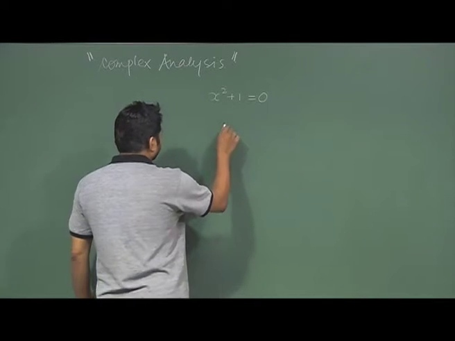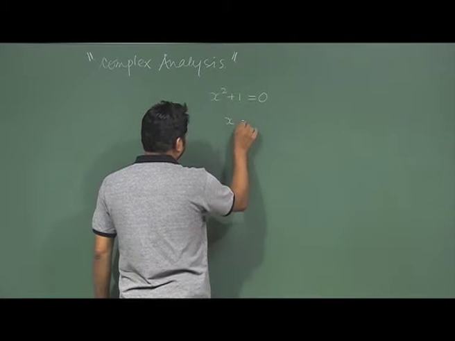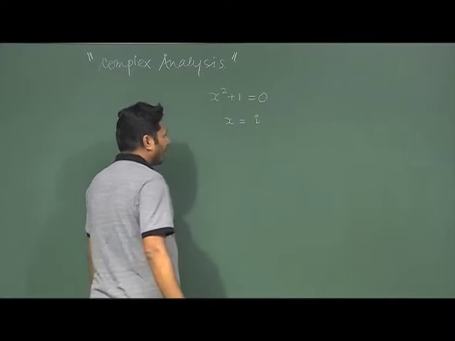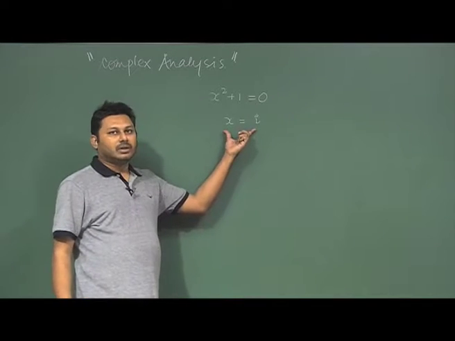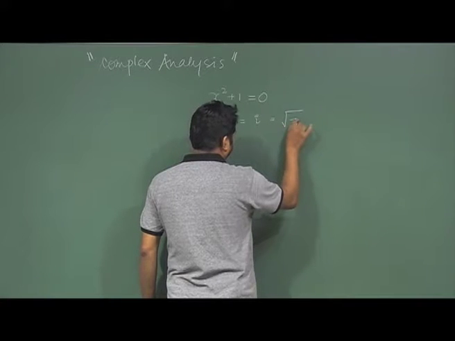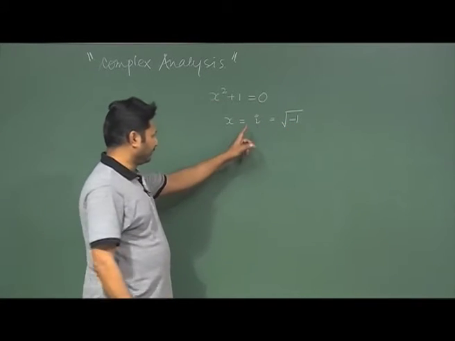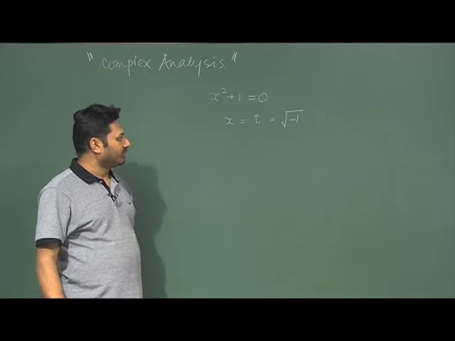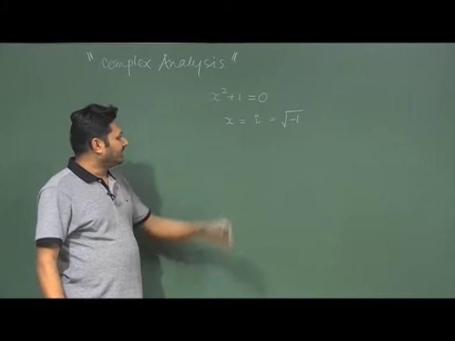So basically there is a solution, x is equal to i. What is i? This i is the square root of -1. You can put a plus minus sign here also, but I am taking just i to make this simple.